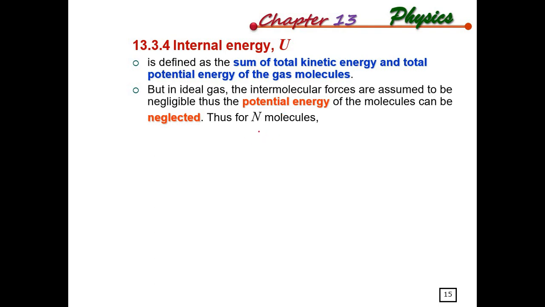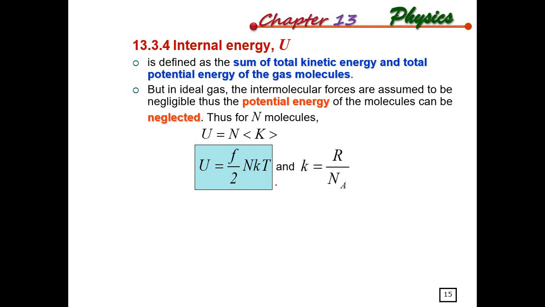Then for N molecules, the internal energy U equals N times the mean translational kinetic energy. So we can have U equals f/2 NkT.